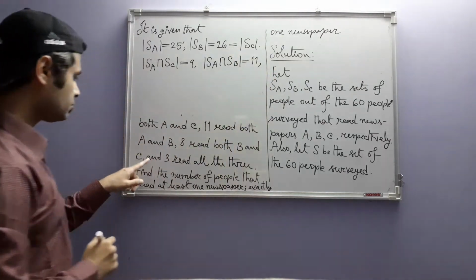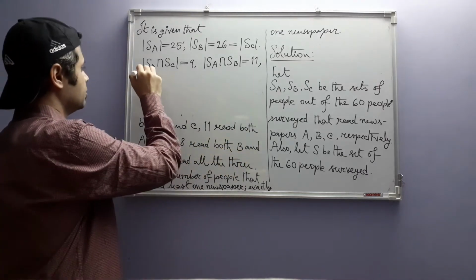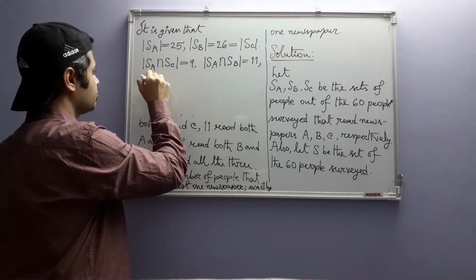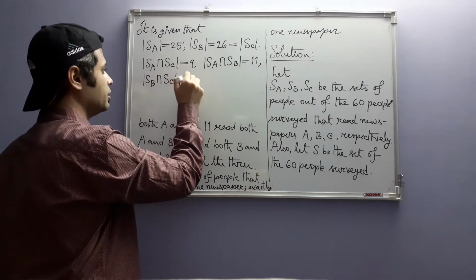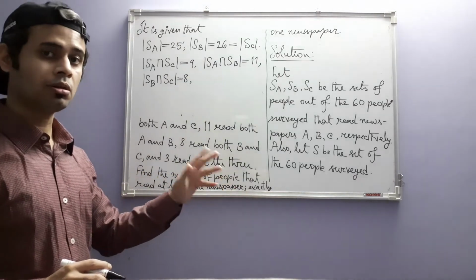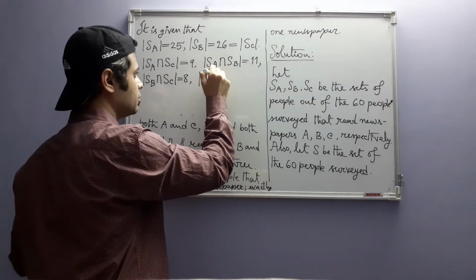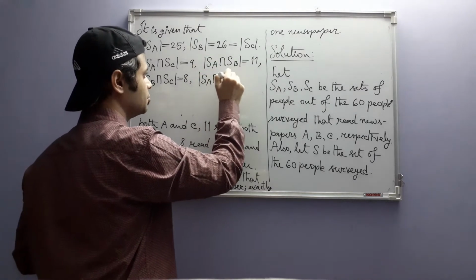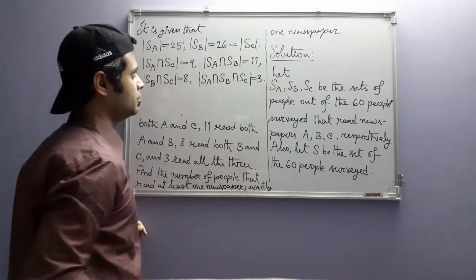And 8 people read both B and C. So cardinality of SB intersection SC is 8. Also, there are 3 people who read all the 3 newspapers. That means SA intersection SB intersection SC is equal to 3.